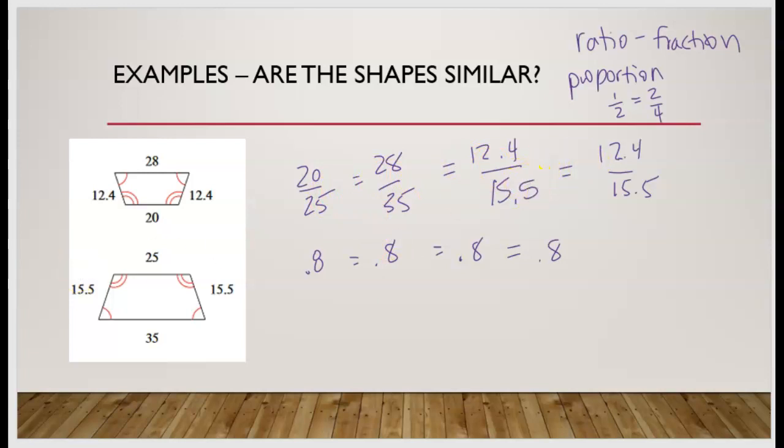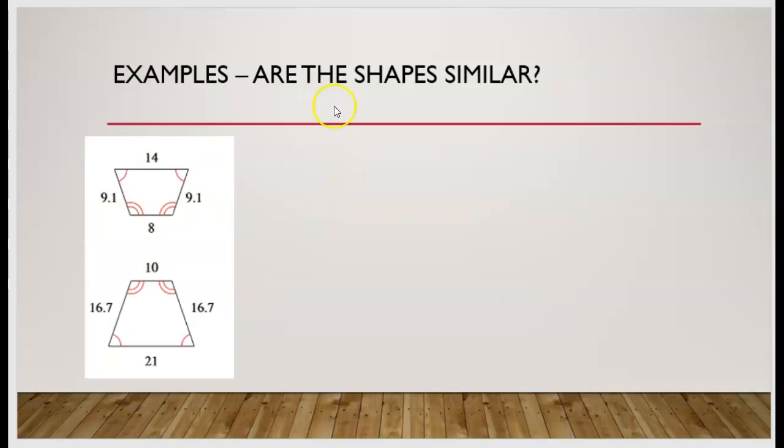So it's really helpful. Let's see if these shapes are similar. So we could do 8 over 10. They look similar, but let's see. 14 over 21. And then the sides. Let's grab our calculator and see if all of these decimals are the same. Well, we know this is 0.8, right? 14 over 21.